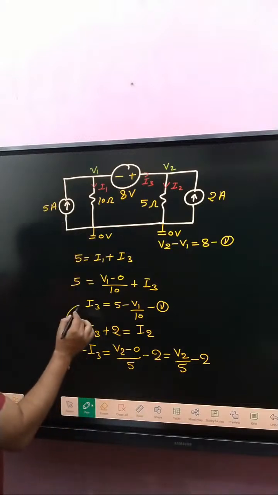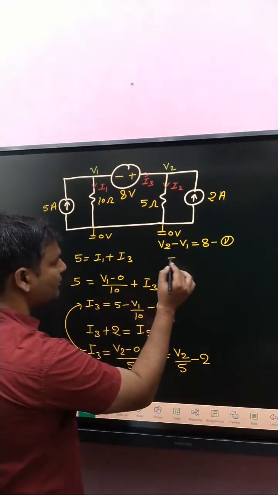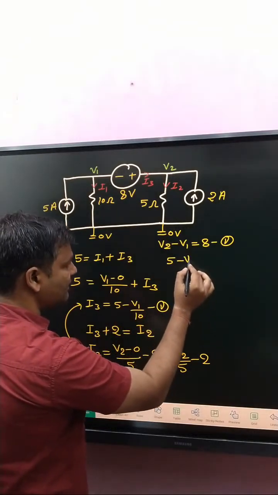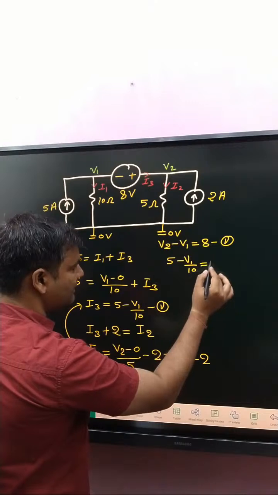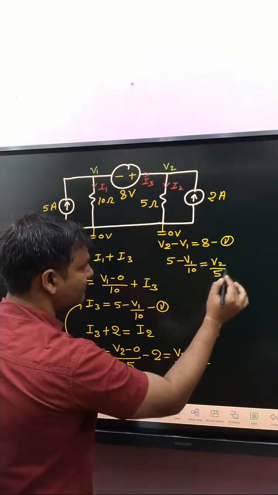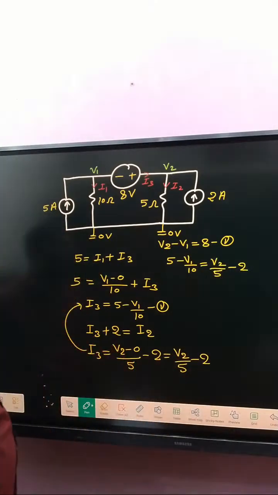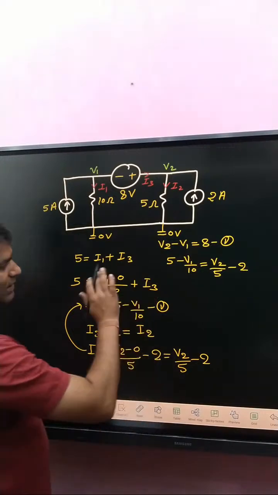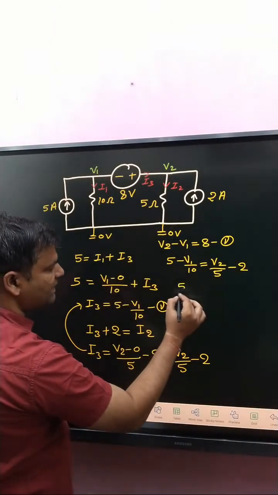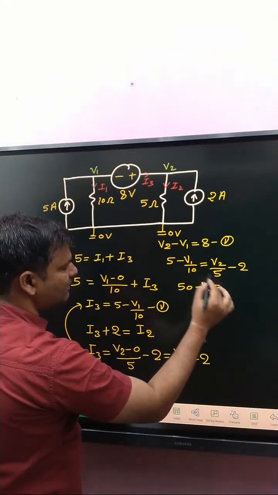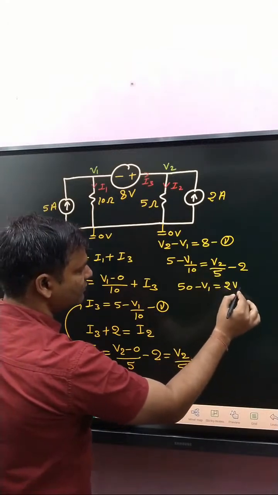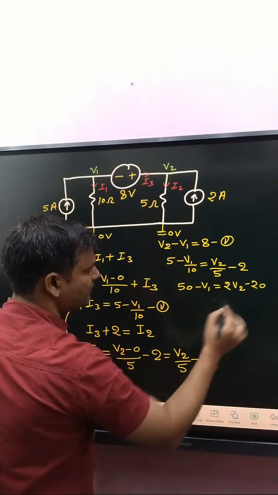That value put here. So you can say 5 minus V1 divided by 10 is written as V2 by 5 minus 2. Okay. Now multiply by 10 on both sides, then we got 50 minus V1 equal to 2V2 minus 20.